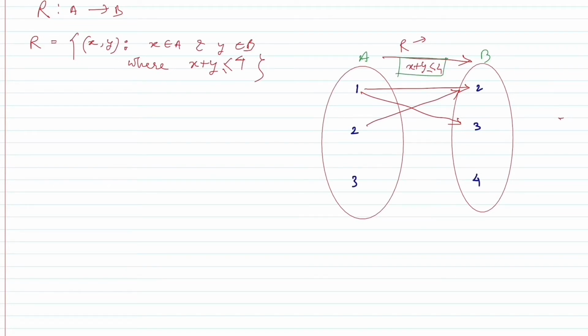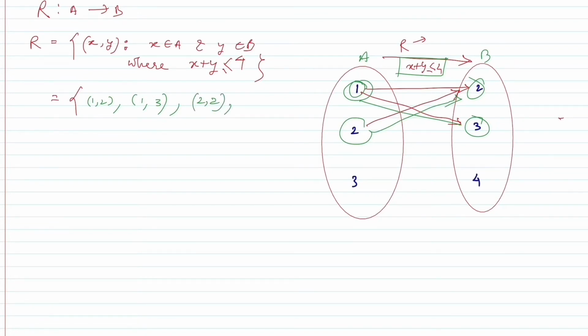But we cannot take 3 comma 4, 3 comma 3 or 3 comma 2, because their sums are greater than 4. So R will contain 1 comma 2, 1 comma 3, and 2 comma 2. Only these 3 ordered pairs are included, which satisfy that x plus y is less than or equal to 4.